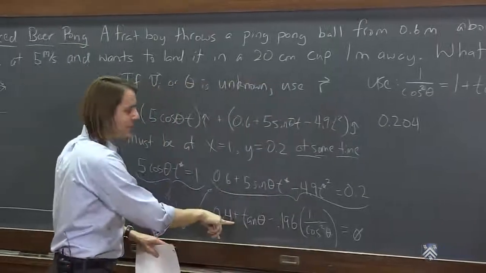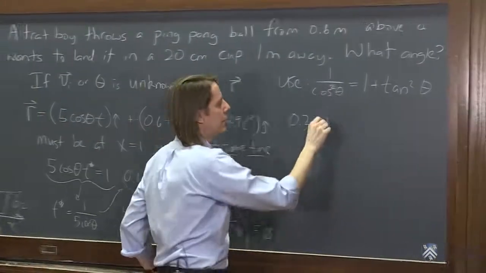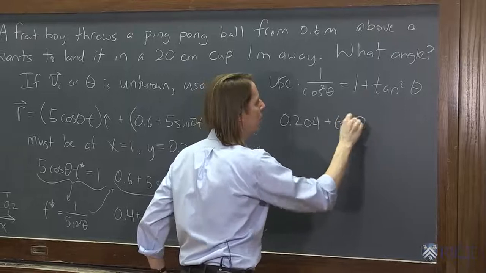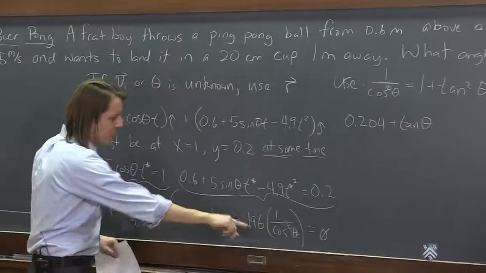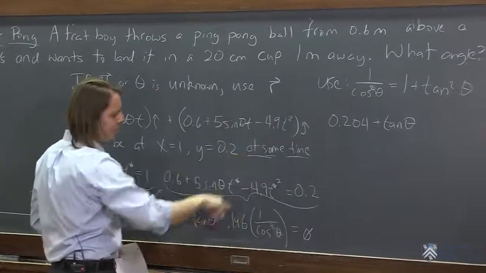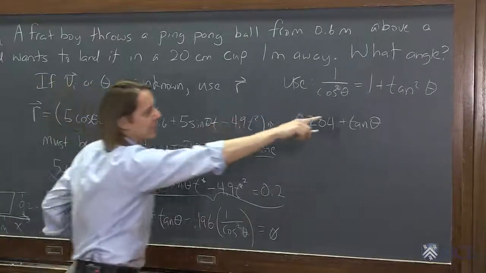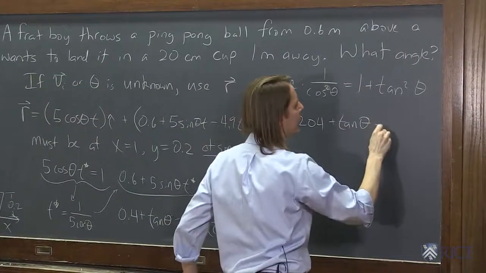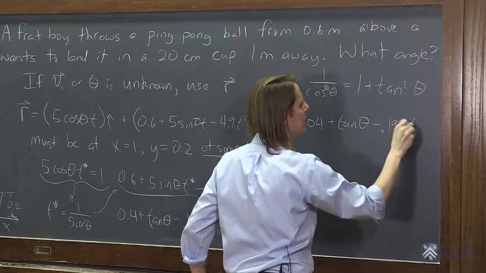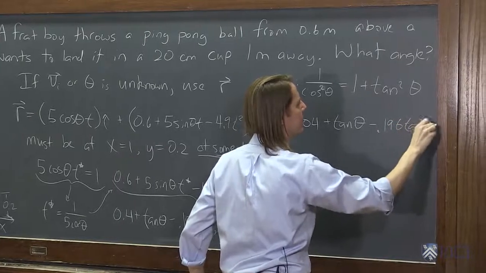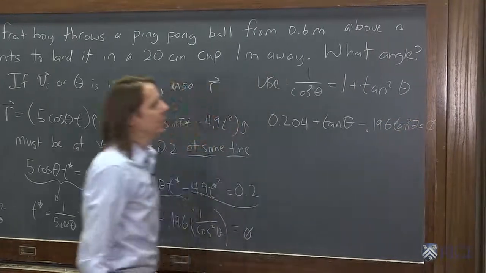I'm not messing with that term, plus tangent theta. And then the squared term is minus 0.196 tangent squared theta equals 0.